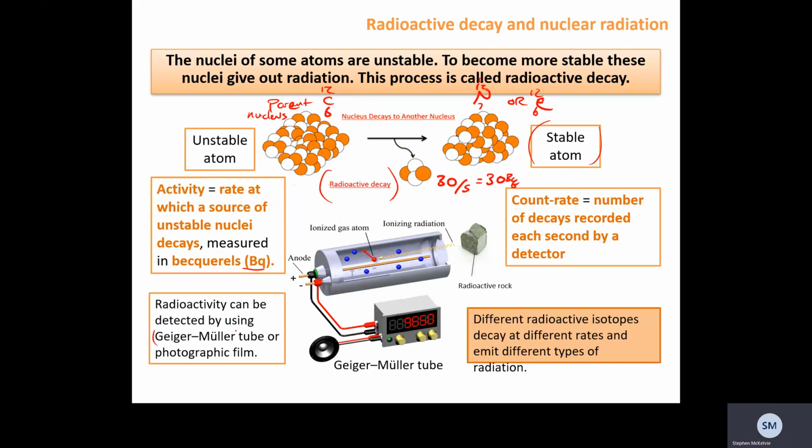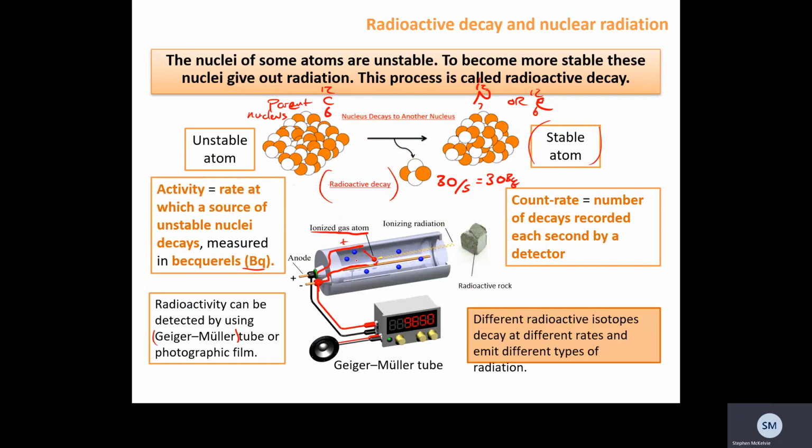Now, this is a Geiger-Müller tube. The way Geiger-Müller tubes work is you have an incomplete circuit here. The outside of the Geiger-Müller tube is positive, and the inside filament you see here is negative, but there is no connection. The only time there will be a connection is when you have an ionized atom inside.